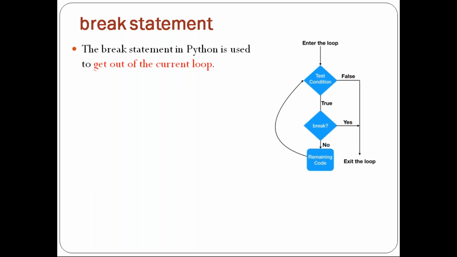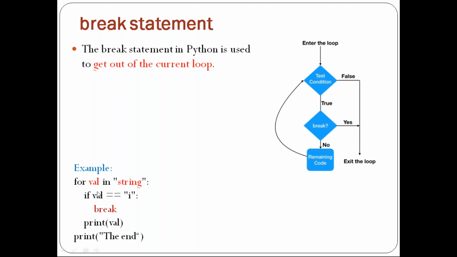That kind of message will be thrown by the interpreter. And we can make use of this break statement with the for loop and the while loop. If the break statement is present in a nested loop, then it will come out from the inner loop only.